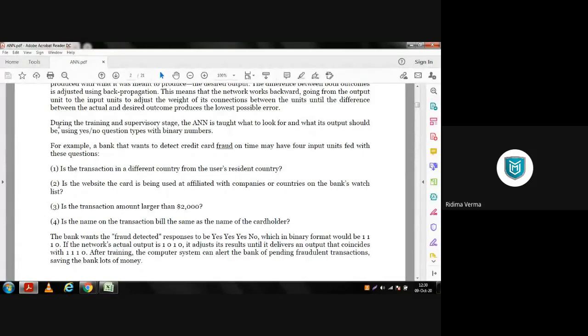So if we have this scenario, obviously we will get output in the form of yes, yes, or no, no, whatever. So according to that, how will we train?